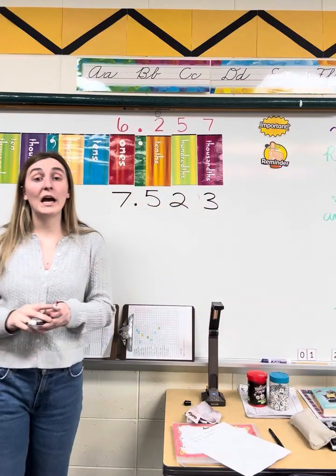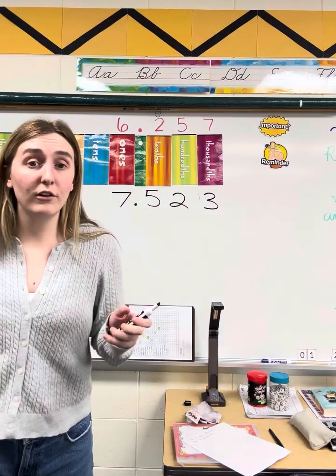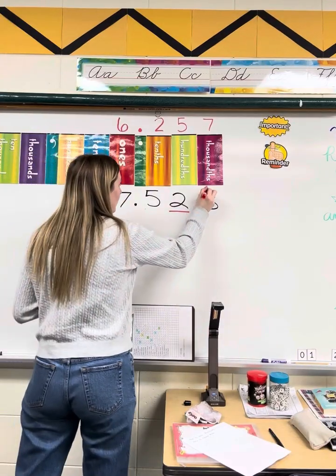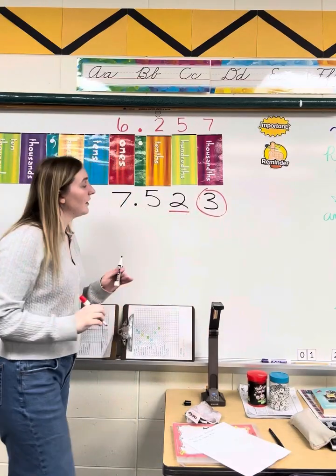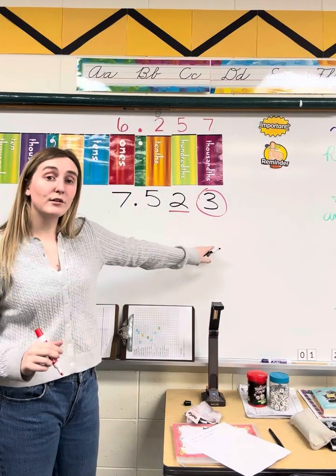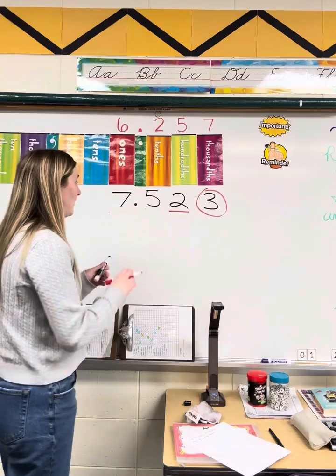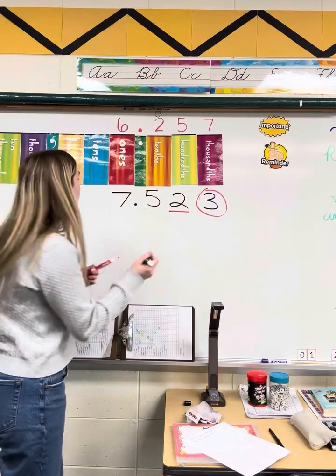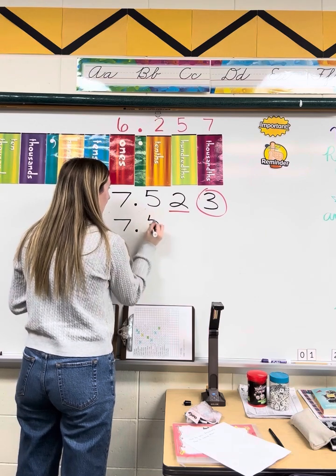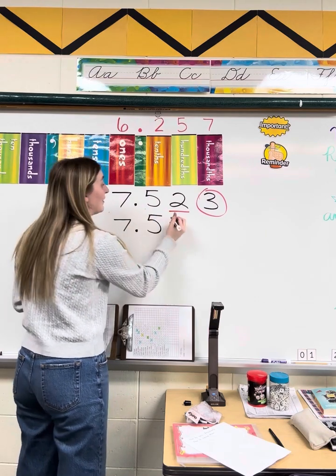If I told my student I wanted them to round to the nearest hundredth, they would underline the 2 and circle the 3. If it's 4 and below, we round down. This is a 3, so we have to round down. So our number becomes 7 and 5, and remember we round down.